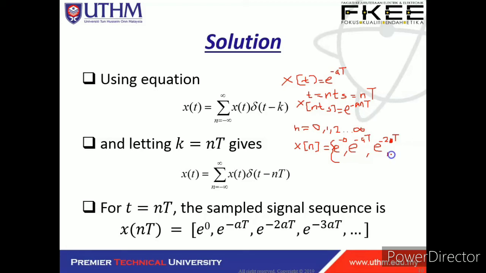And the list will be continued until n equals to infinity. So we will get this list of signal. Okay, so exponent negative 0 is equal to 1.